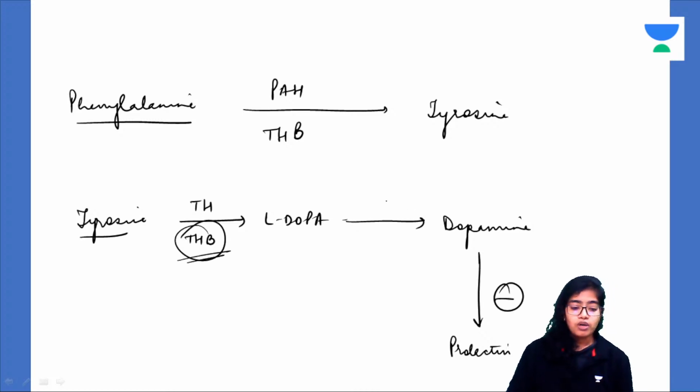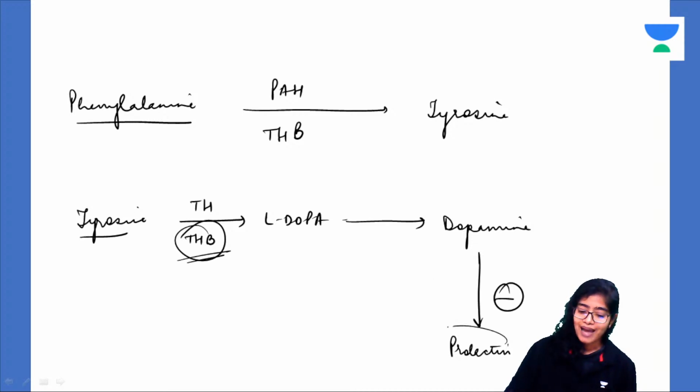Now, the first scenario is if phenylalanine hydroxylase is deficient, the classical phenylketonuria. Then phenylalanine cannot be converted to tyrosine, and you get all these symptoms of phenylketonuria. Now, if you give this person tyrosine and you measure the serum prolactin levels, what will you find?